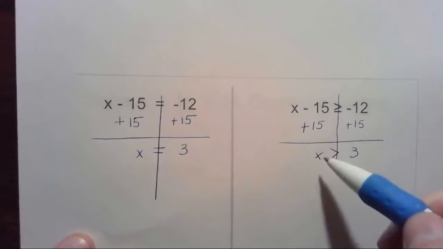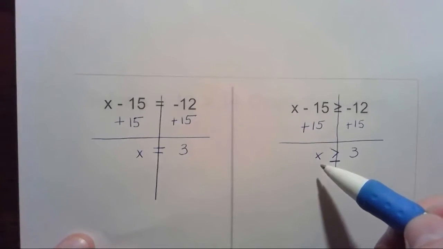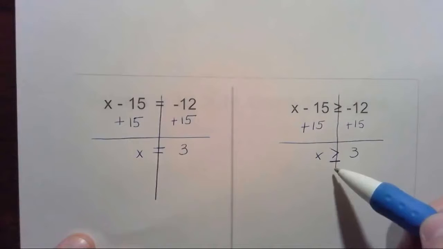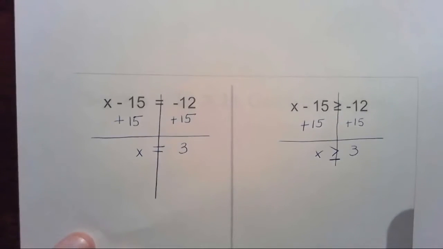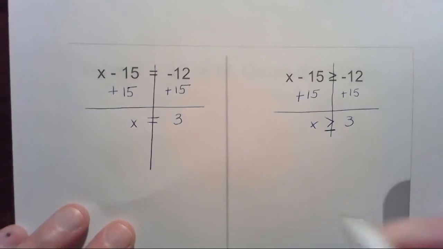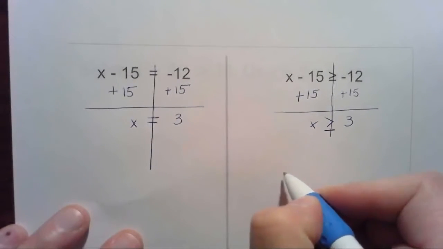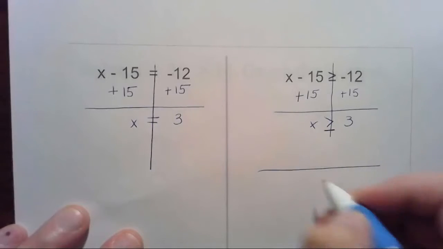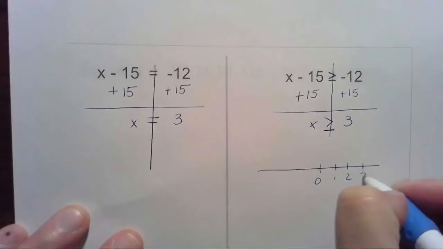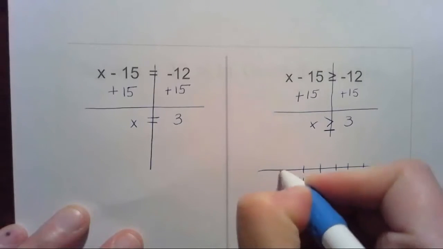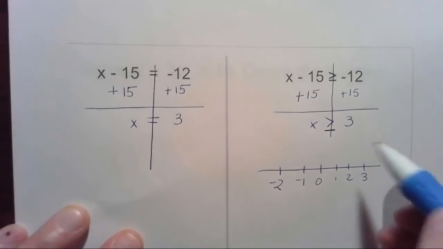So how many possible solutions do I have? How many numbers in the world do you know that are greater than or equal to 3? Infinitely many. I don't want to write them all down. So instead of writing them all down, I'm going to graph them. I'm going to draw my number line. I want my 0, 1, 2, 3, and I'll put some negative numbers.